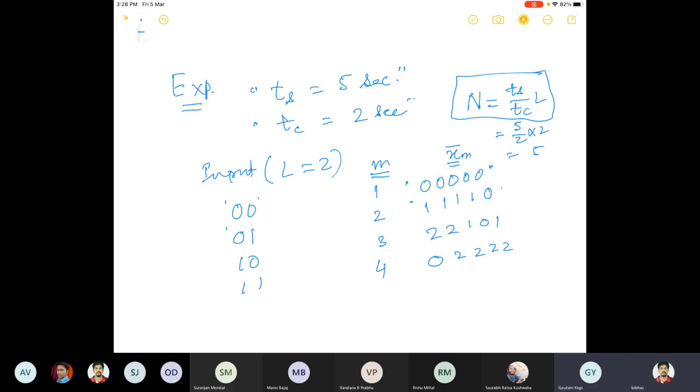But sir, we have to send some extra bits. Yeah, it is good to have an integer. If it is not, suppose it is 5.1, then I'll take it as 6. Everywhere I'll put some 0, then I'll make that 6.